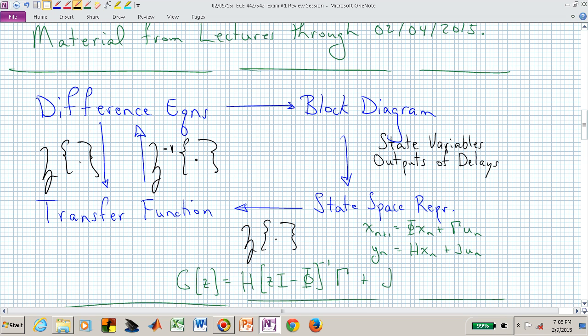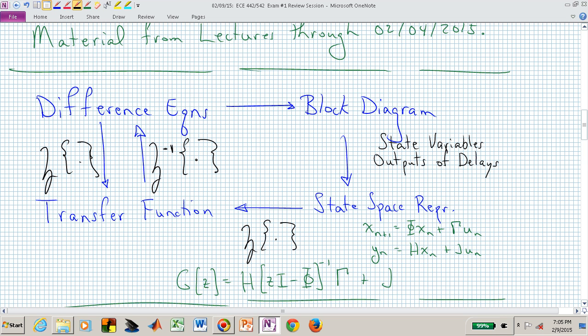Then the input to that delay block would be little x sub 1 at time n plus 1. Those are what you need to write to create your state space representation. And we've defined those four matrices.